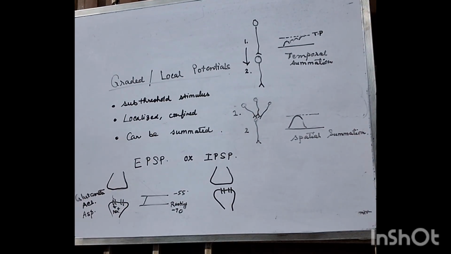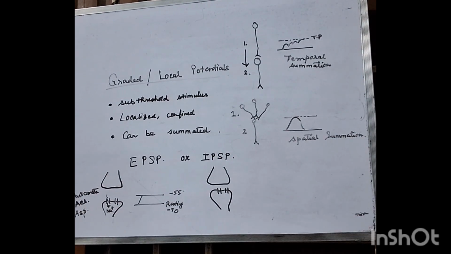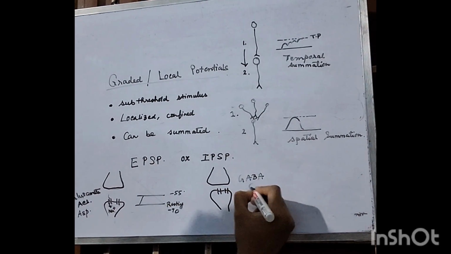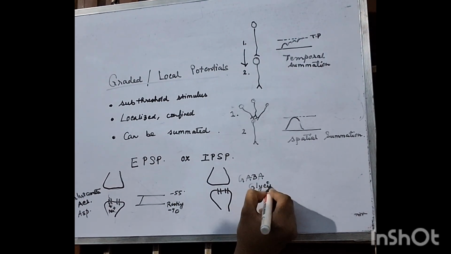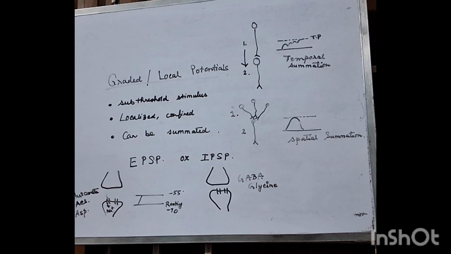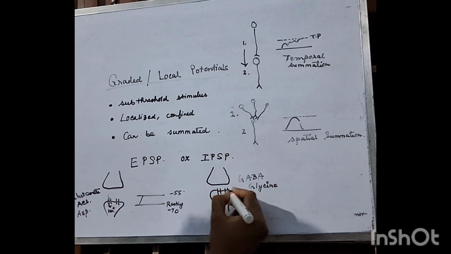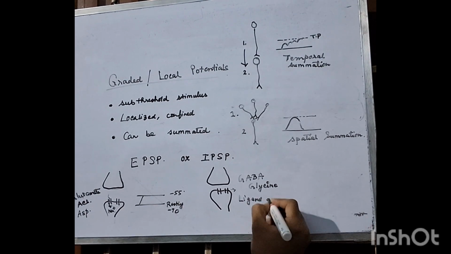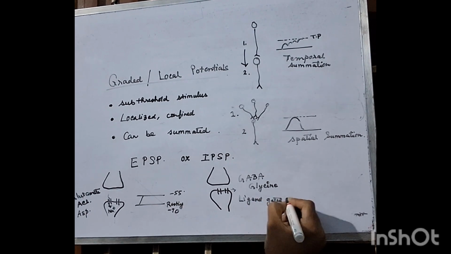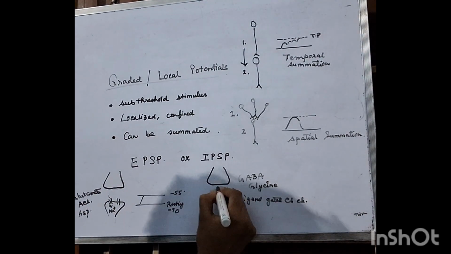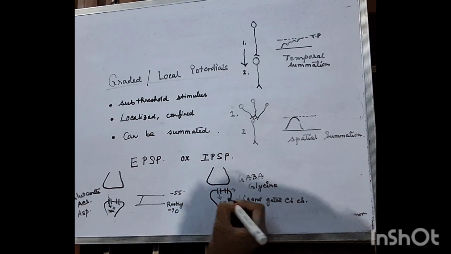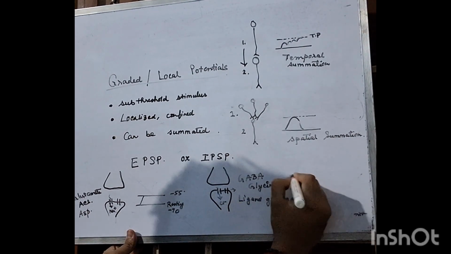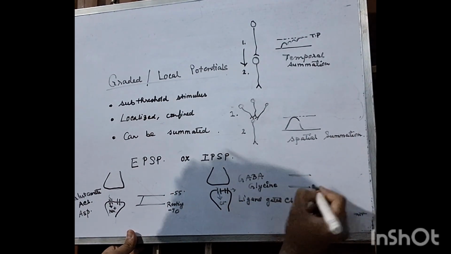Whereas inhibitory postsynaptic potential occurs when, say, an inhibitory neurotransmitter, for example GABA, gamma aminobutyric acid, or glycine, is released into the synapse. These cause opening of ligand-gated chloride channels on the postsynaptic membrane such that more chloride ions enter the cell, and the interior of the cell actually becomes even more negative.